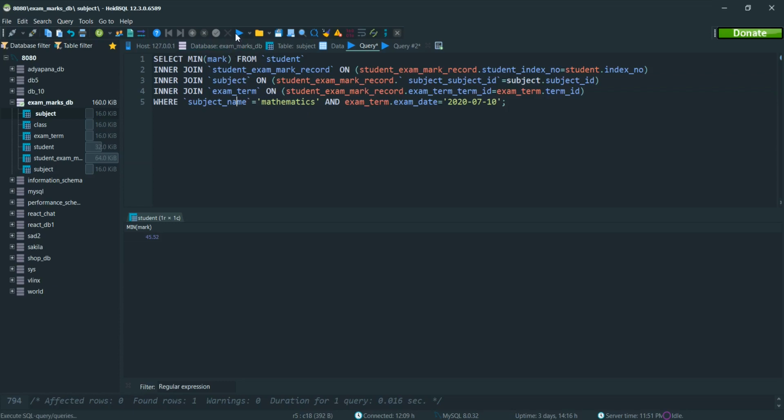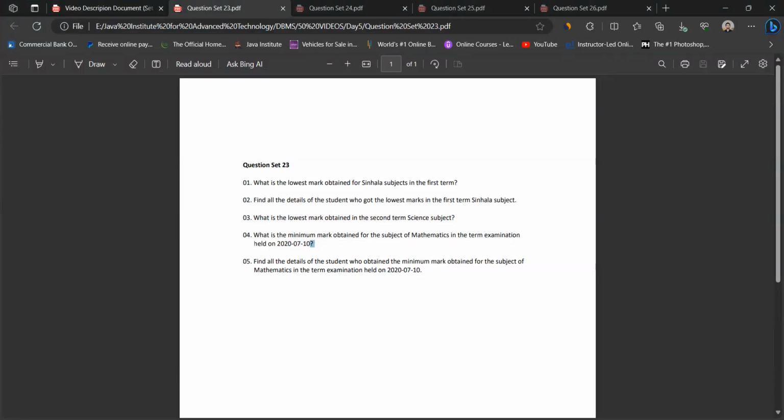So let's execute and see. So this is the minimum mark or the lowest mark obtained for the subject of mathematics in the term examination.